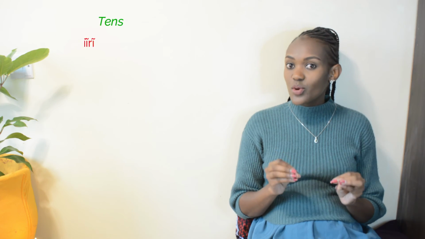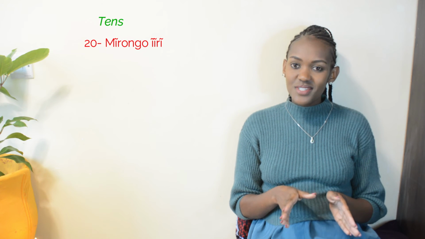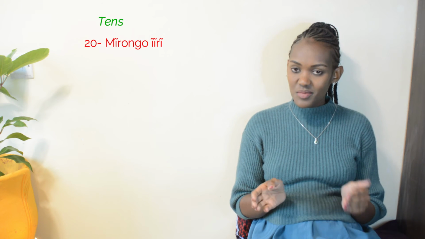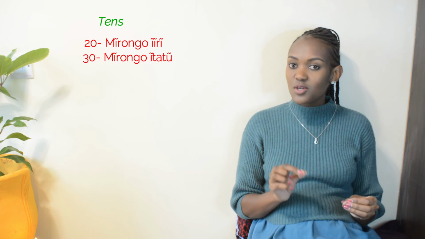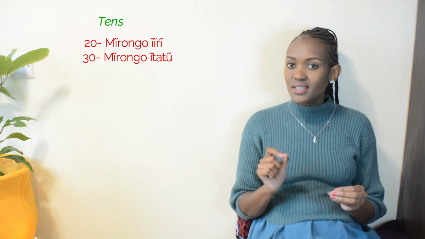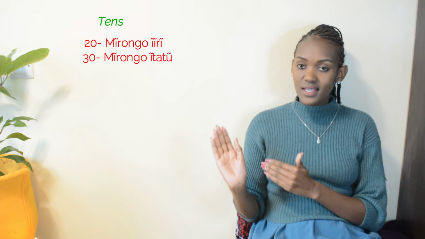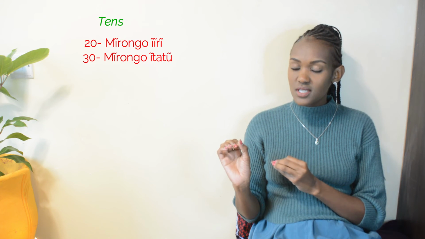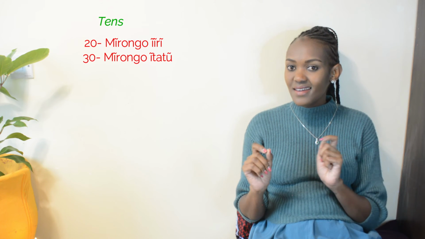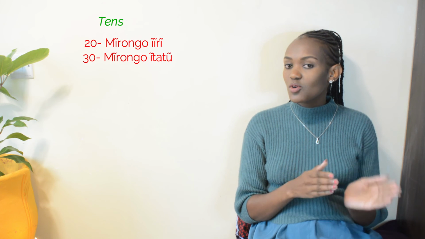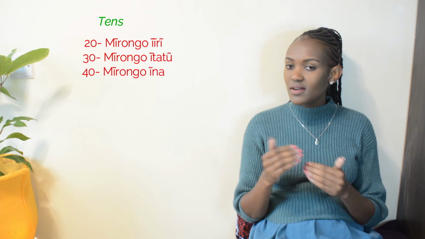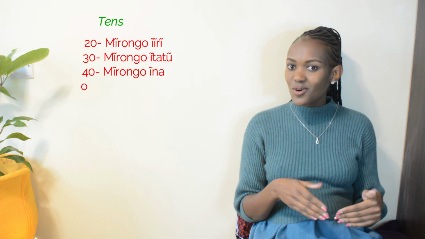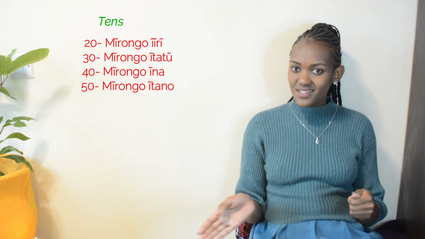When it comes to 20, we will say mirogo ere. 30 will be mirogo etato. Again, our second method of counting, but we only add a at the beginning. It will be mirogo ere, mirogo etato, mirogo ena, mirogo etano, etc.